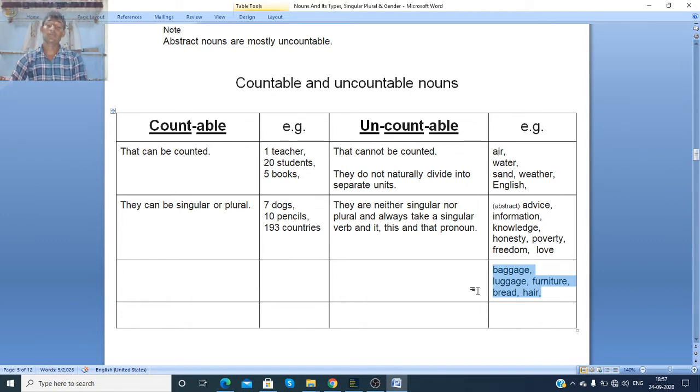The pack, so many bags, is called baggage, luggage: bag, purse, suitcase is called luggage. But we use a singular verb with them. These are uncountable. Furniture: chair, table, sofa is called furniture. These are uncountable. Braid and hair are also uncountable.